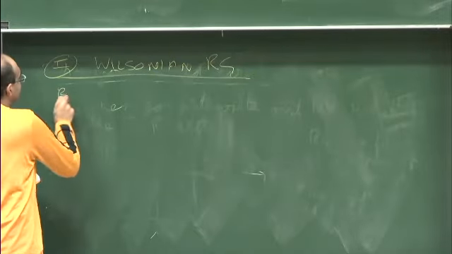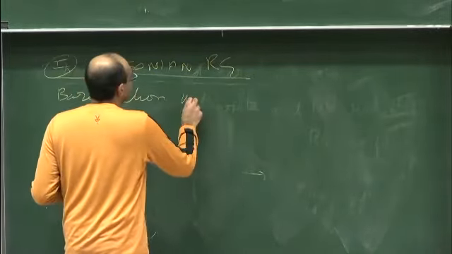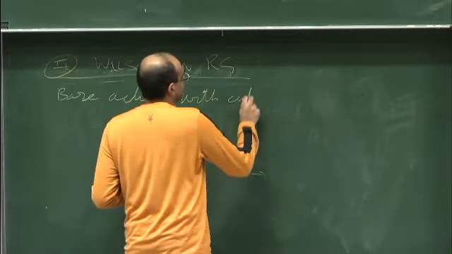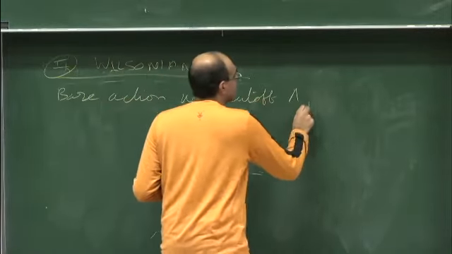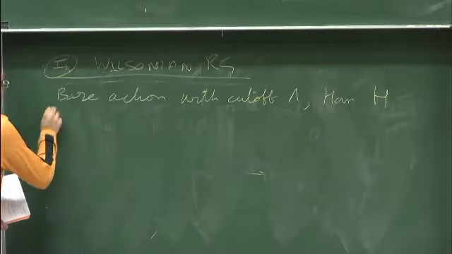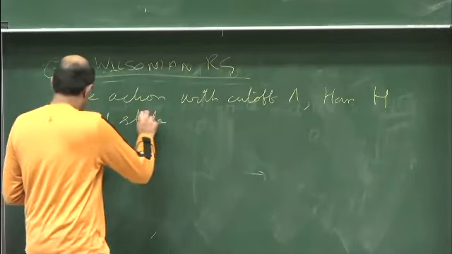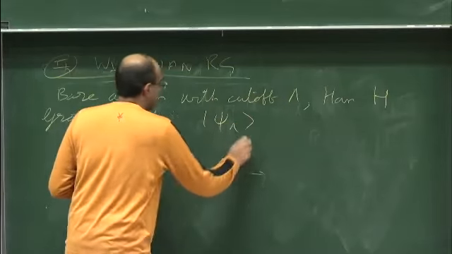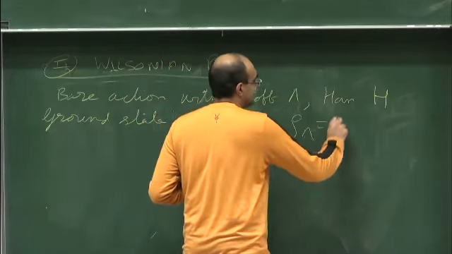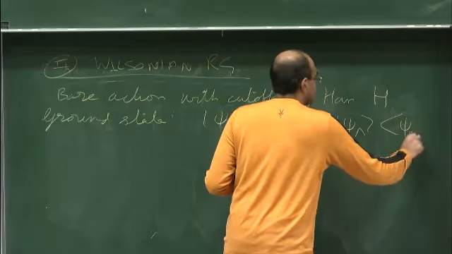I'm going to start with a bare action with a cutoff lambda and a Hamiltonian H, and we'll take the ground state of H to be something, psi lambda, okay? So I can write down, of course, a density matrix which looks like psi lambda, psi lambda.